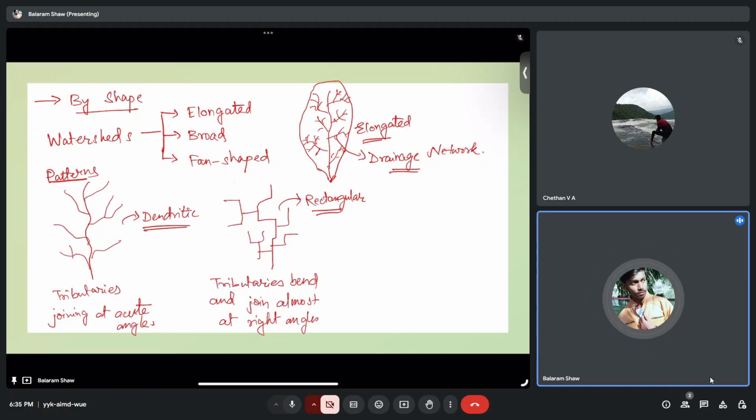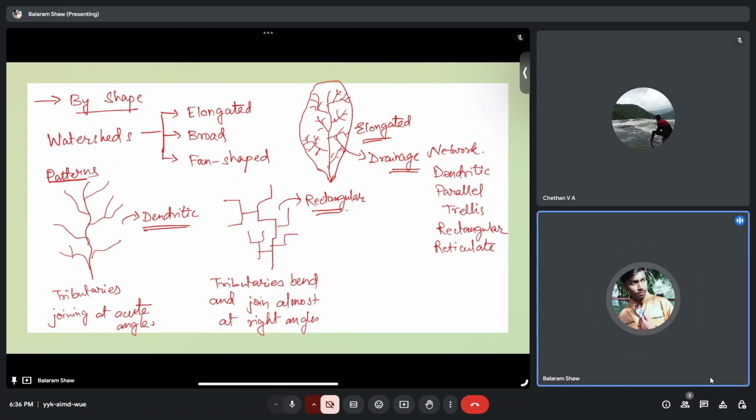Then comes the reticulate. So the drainage network can be dendritic, parallel, trellis type, rectangular, or reticulate. In reticulate, most of the tributaries will cross together, forming a cycle.